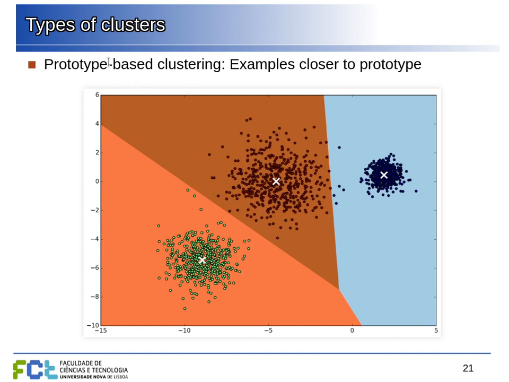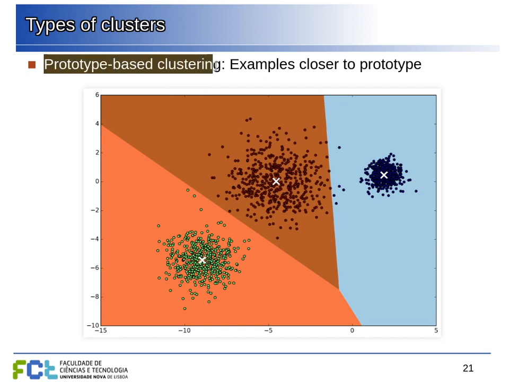For example, if we use prototype-based clustering, where we have some prototypes marked here as crosses that define which cluster each point belongs to by assigning a point to the cluster with the nearest prototype, then we will have, for example, like this, the separation between clusters being these lines that are halfway between the line joining the two prototypes.